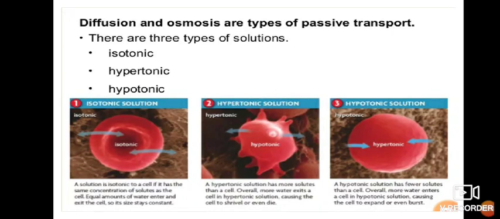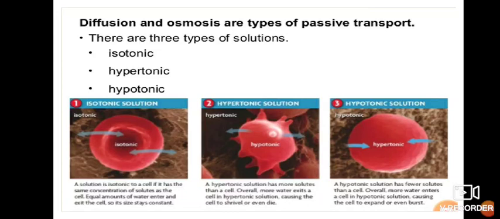It could be an isotonic solution, meaning the concentration of solute outside and inside the cell are the same. So there is no net movement of water molecules. Remember, it is always the movement of solvent in case of these solutions. Hypertonic. A hypertonic solution has more solutes than a cell.